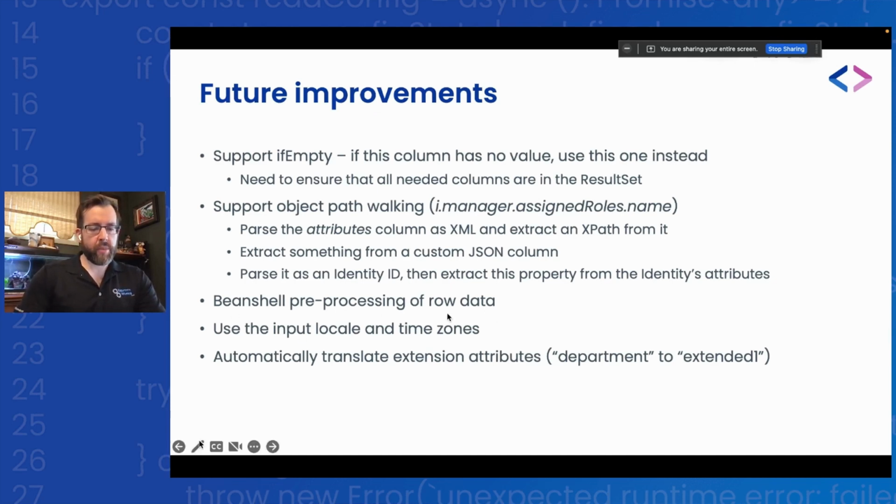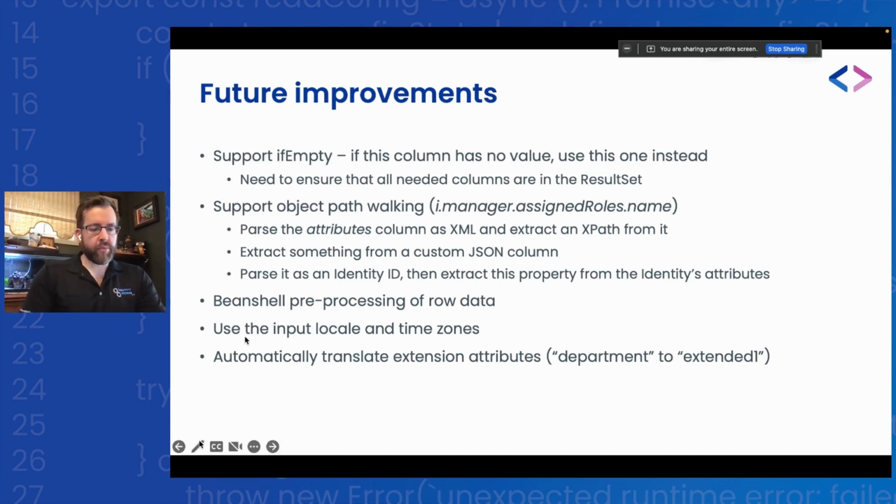We could do bean shell pre-processing of the row data. So we could get rows back, and it turns out that we have some sort of complicated Java logic that we want to run to decide that we don't want this row after all. So we can do filtering of our rows both on the SQL side and in the bean shell side.